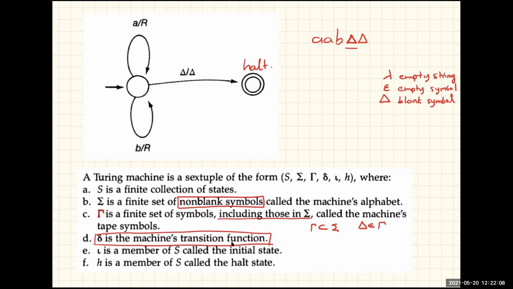If you need to check your notes, please do it. But I want to ask you, in deterministic finite automata, what was delta? In the case of pushdown automata, what was delta? Tell me the difference between this delta in DFA and pushdown automata.